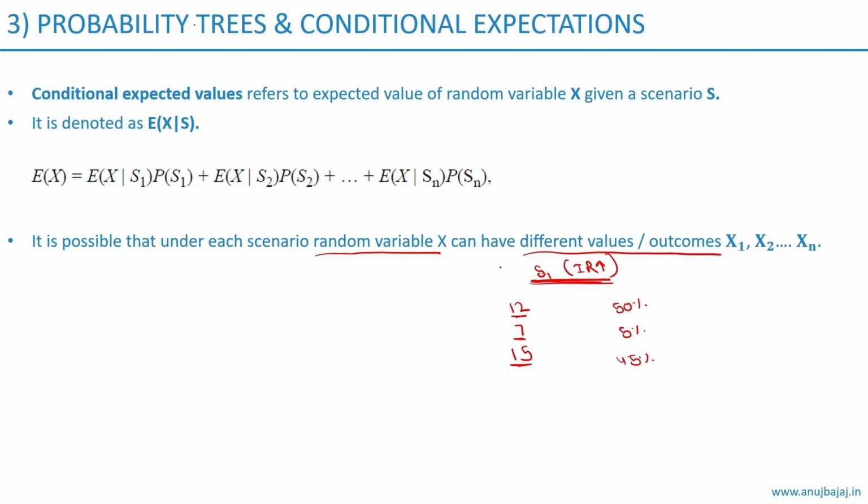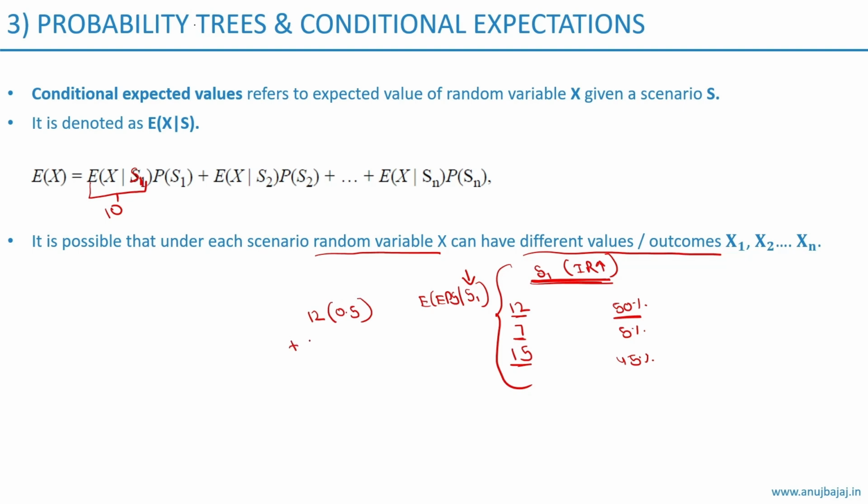Now I had assumed previously that the expected value of x given scenario 1 has occurred was 10. It was a random assumption. Now we are given the following data, so let us actually calculate what the value of earnings per share could be if interest rate increases, or if scenario 1 occurs. We take 12, the first possible outcome, multiplied by the probability of that outcome occurring, which is 50%.